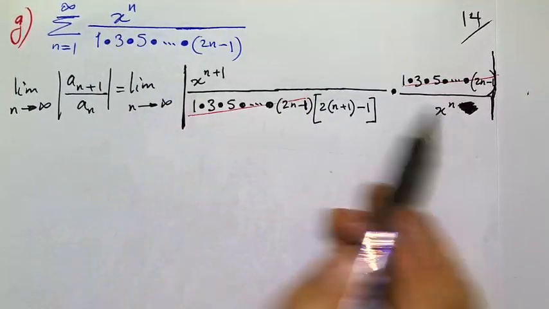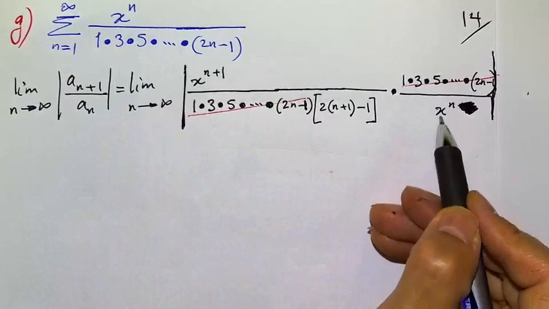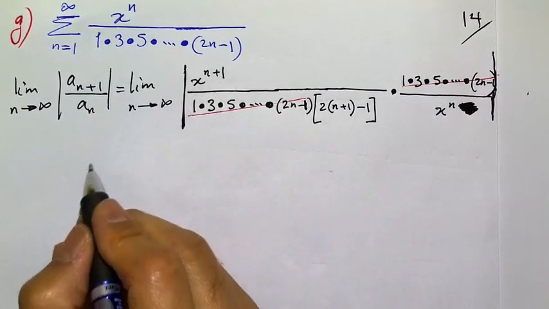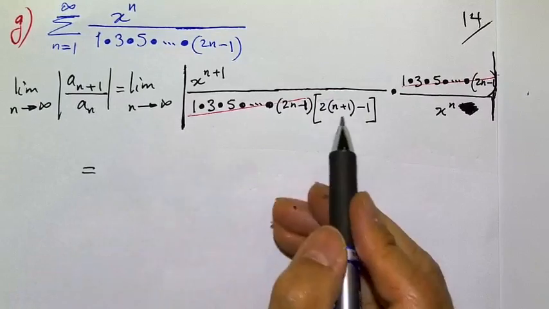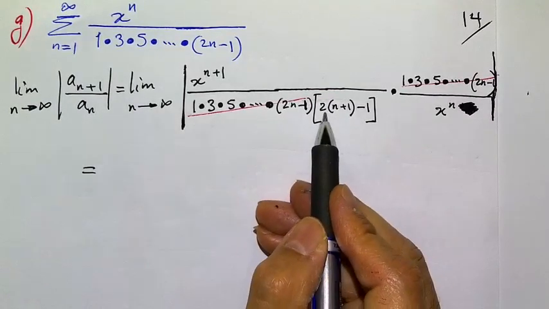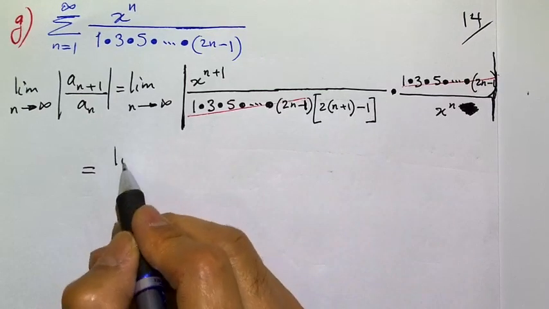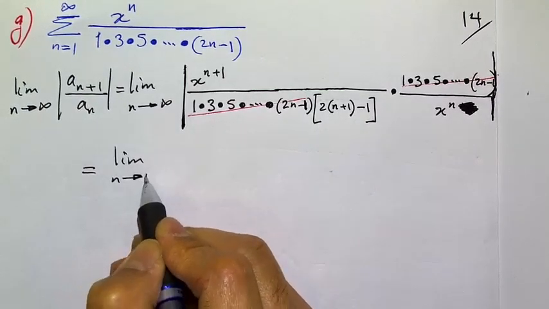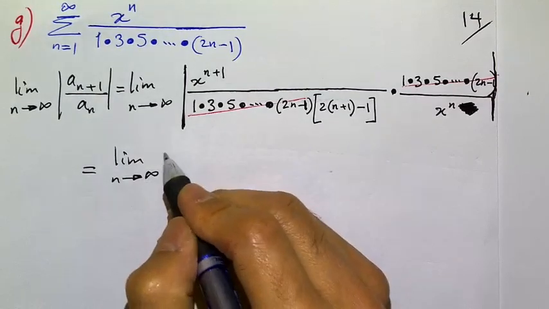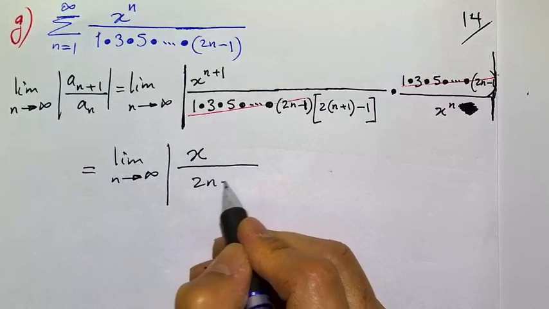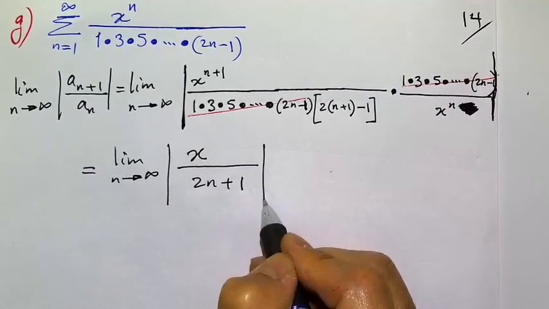Sorry about that error there. So x to the n and x to the n cancel out. We'll end up with just x in the numerator. And then we have to simplify this, which will be 2n plus 2 minus 1, or 2n plus 1. x over 2n plus 1.